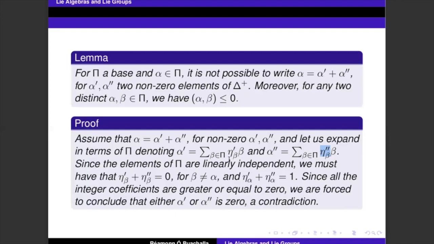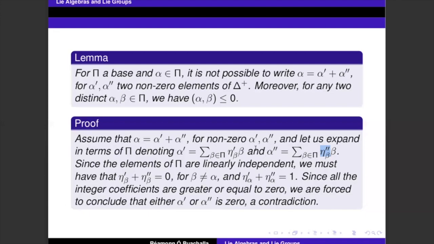Now, since the elements of Pi are linearly independent, they're a basis of the space, that must mean that when we add up alpha prime and alpha double prime, all we're going to be doing is adding up the coefficients eta prime and eta double prime. But these have to match. So the expansion of alpha in terms of the basis is simply alpha, because all of the other coefficients are going to be 0.